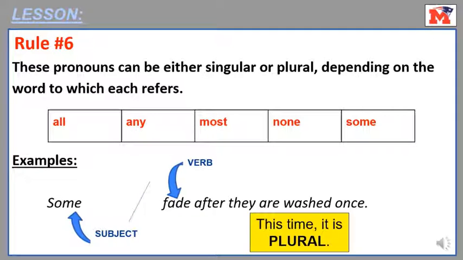Some is the true subject. Some is referring to shirts, and that affects this. Some is our subject. Fade is our verb, and not fades, because it only fits in that way with the word it's referring to. So this time, the verb is plural. Some of the shirts fade once they are washed.